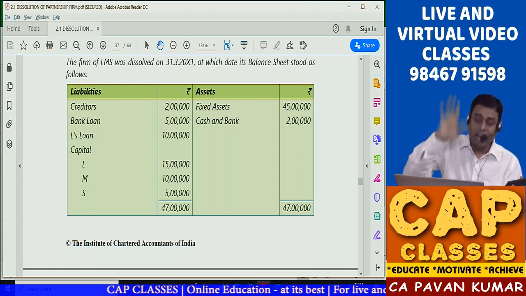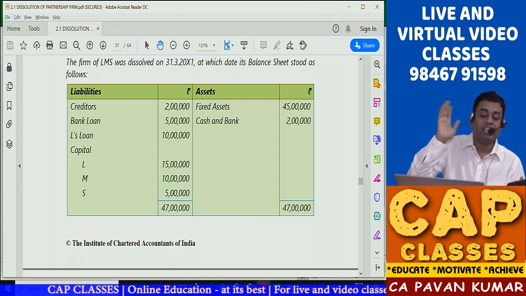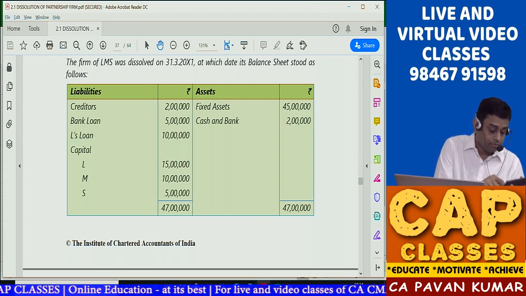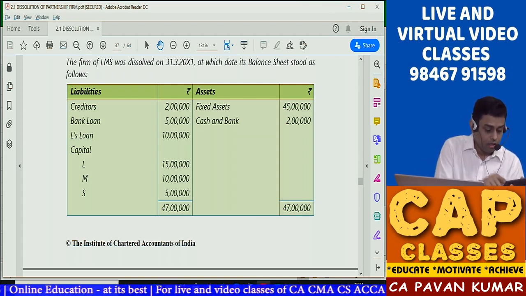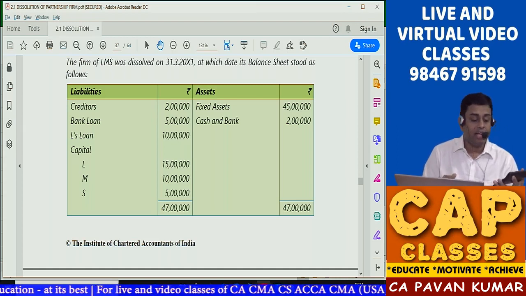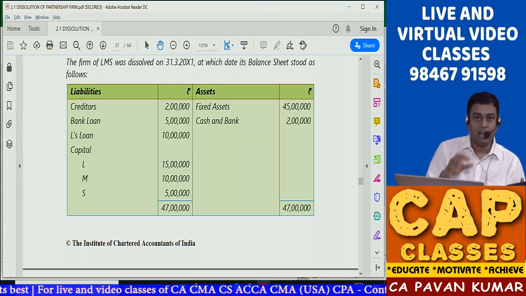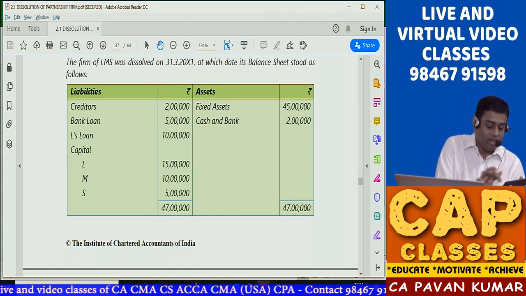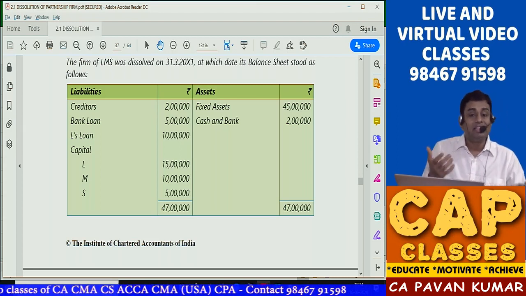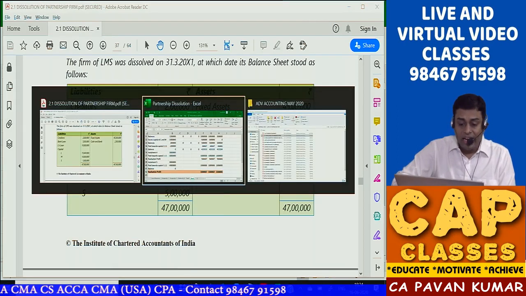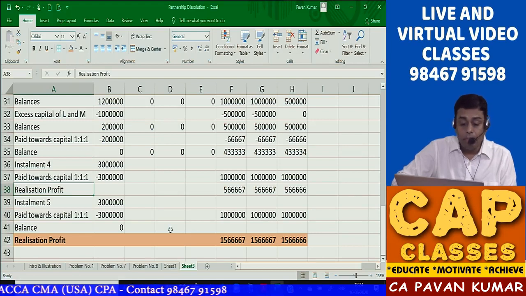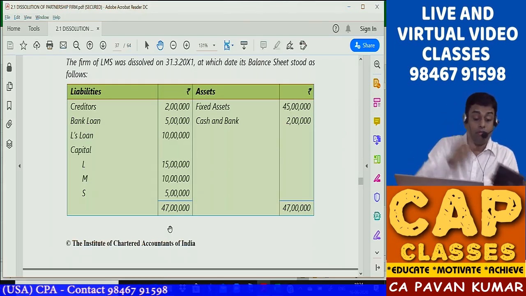Okay, so subtract all the capitals. 15 plus 10 plus 5. How much? 30 lakhs. Minus 30 lakhs. How much of the capital is there? 48 lakhs. Correct? This 48 lakhs divided by 3. How much? 16 lakhs. So this 16 lakhs will be the profit to each guy. No, wait, hold on. One second.